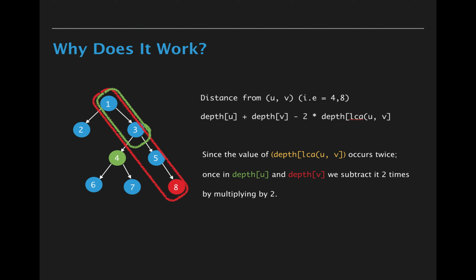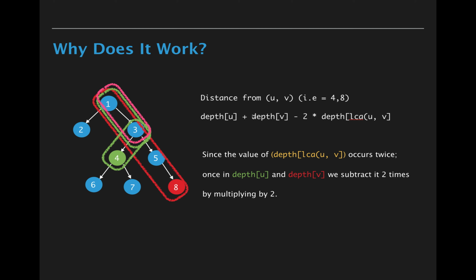That's 1 to 3 plus the distance from 3 to 4. Now minus 2 times the depth of the LCA of U and V. The LCA of U and V is 3, which exists in level 2, so the depth is 1. Now we're subtracting that 2 times because in the depth of U, we included that value once, and in the depth of V, we included that value once.